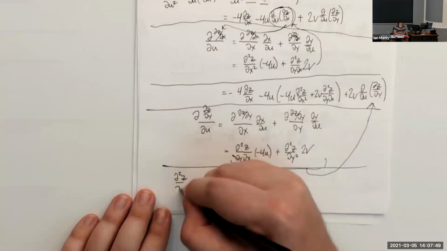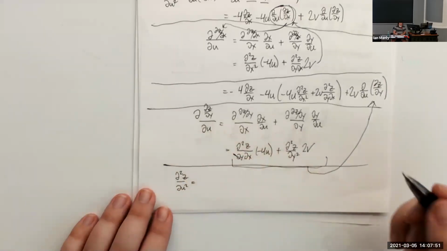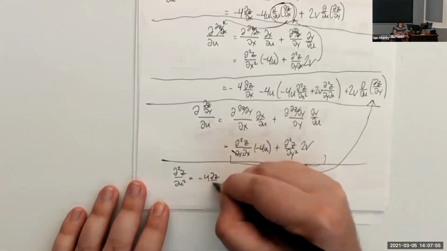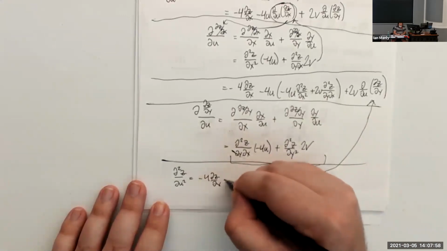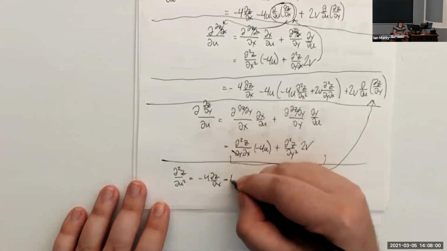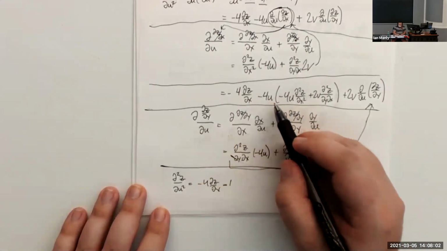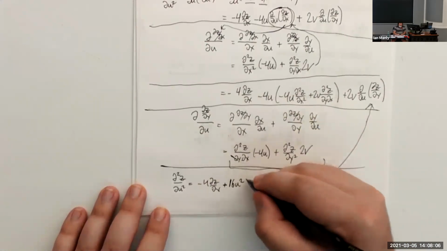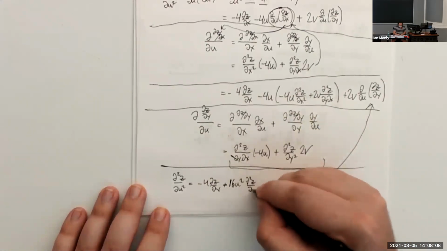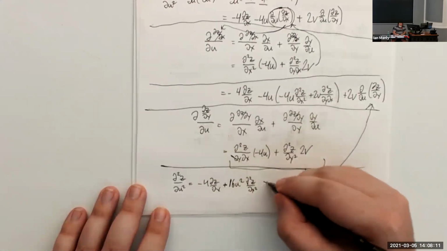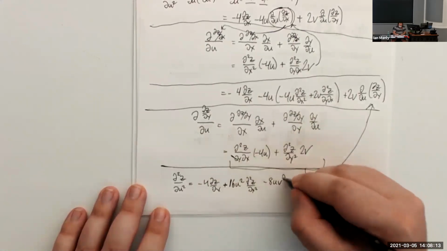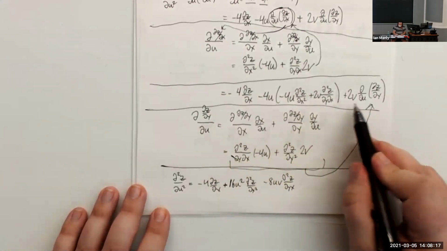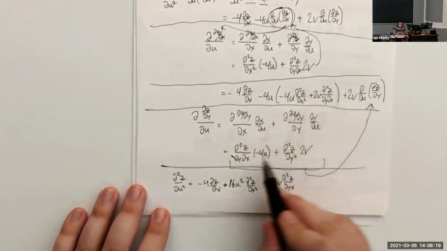So our second u derivative is going to be negative 4 dz dx minus, well, let's see, let's distribute this negative 4u through here. So we have plus 16u squared partial squared z, partial x squared, minus 8uv partial squared z, partial y partial x. All right, now with this part, I'm going to do 2v times this.